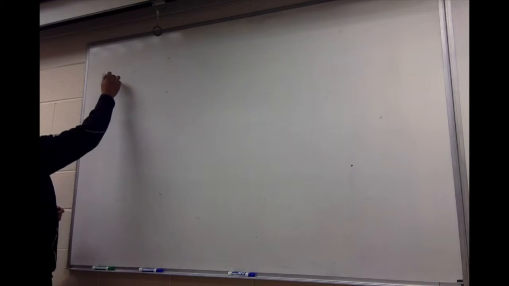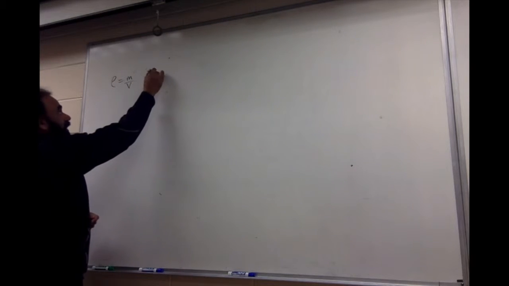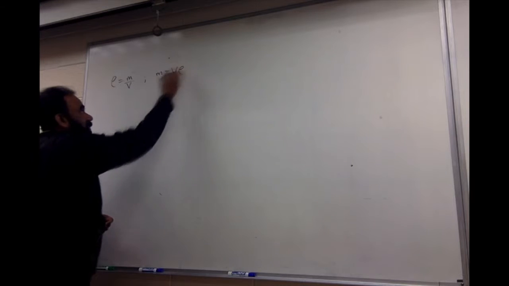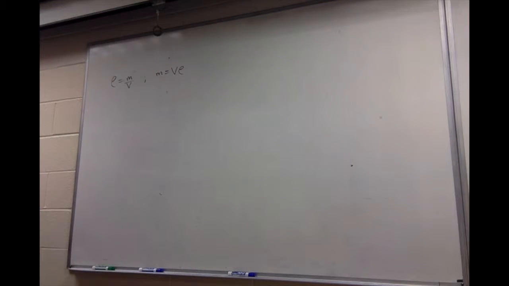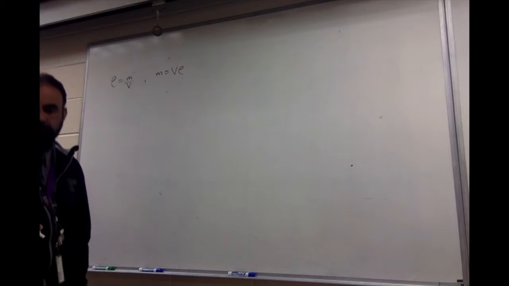What's the first thing you did in this chapter? Density. So we talked about density is equal to mass over volume, which also means mass is equal to volume times density. Then what did you do after that?